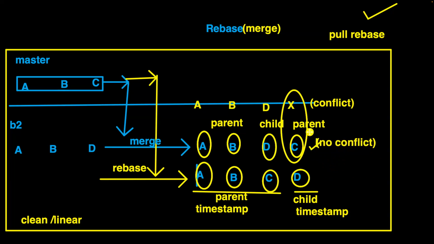This is merge with conflict. I'm making this better so that during your revision or while watching the video, you can understand this. This is the merge with conflict. This is merge with no conflict. This is rebase. When you have a conflict, again a new commit ID will be added, but the ID will be different.